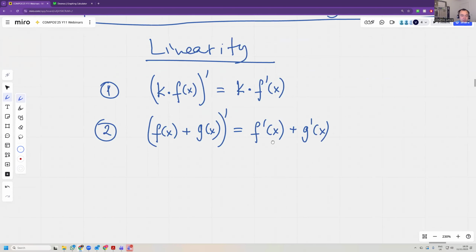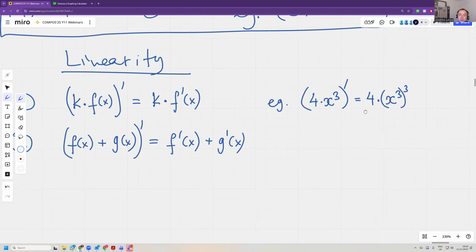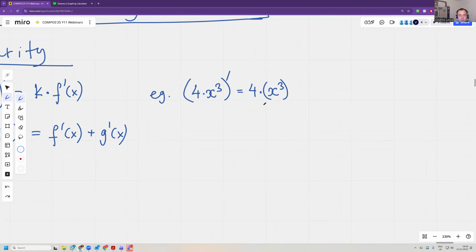I think we need examples. For the first example, if you have 4 multiplied by x cubed, you can just find 4 multiplied by the derivative of x cubed, which would be 4 times 3x squared, because we know the derivative of x cubed is 3x squared, which is 12x squared.